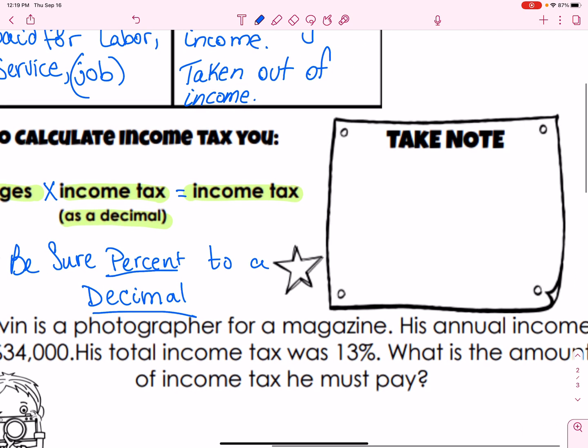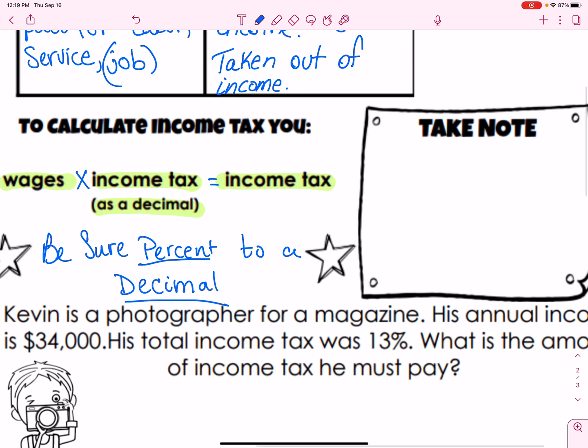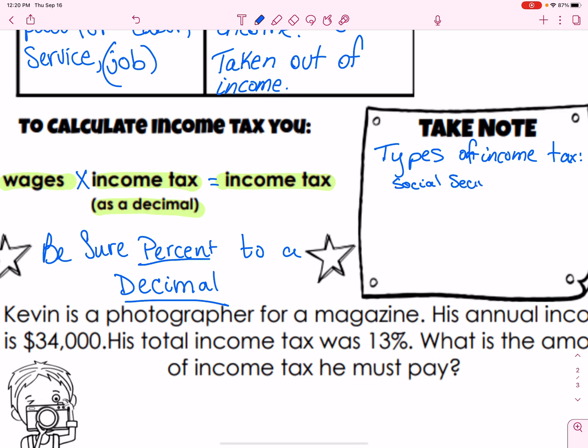So the kinds of taxes that get taken out, the types of income taxes: they take out Social Security so that when you get old, the government helps you with medical bills and medicine.